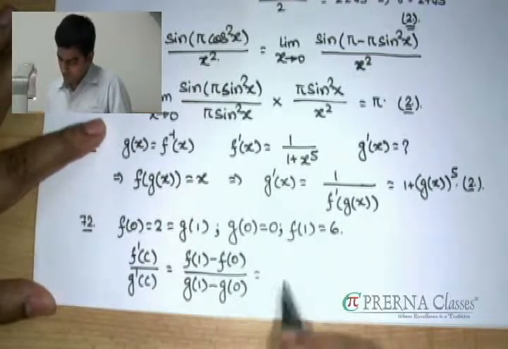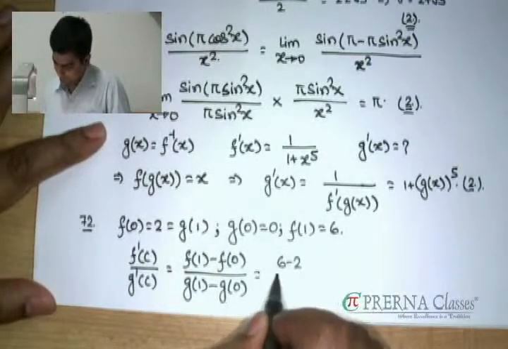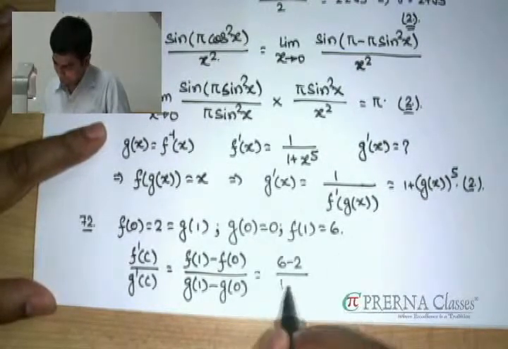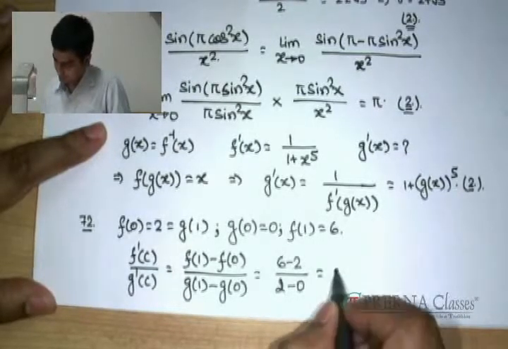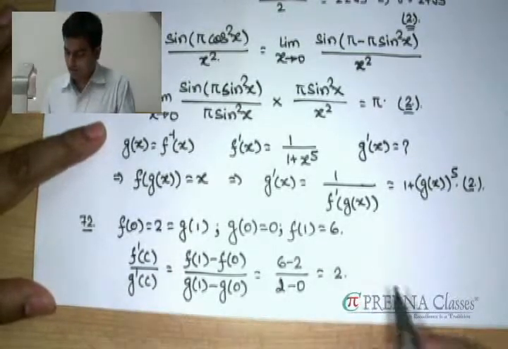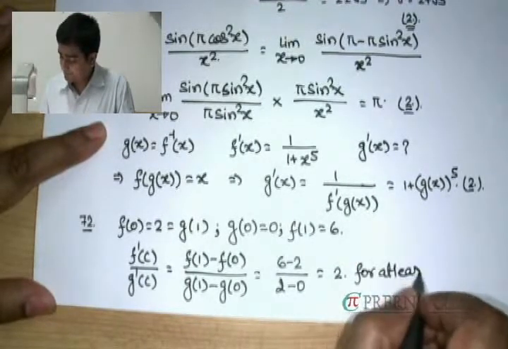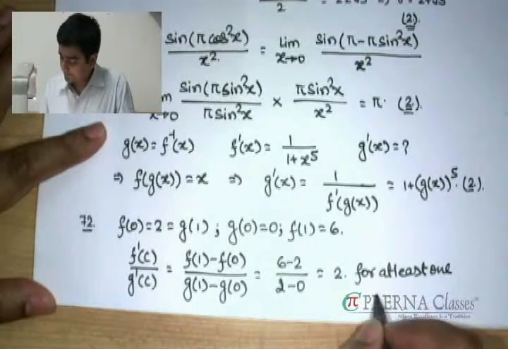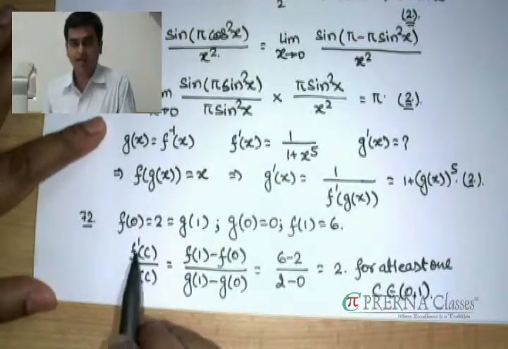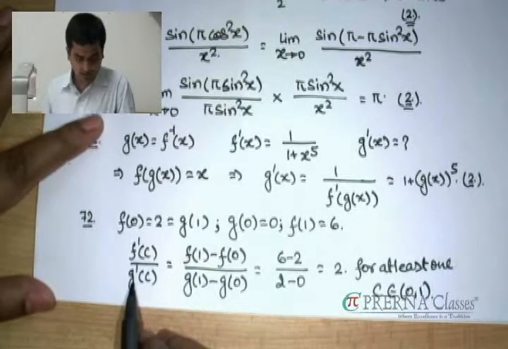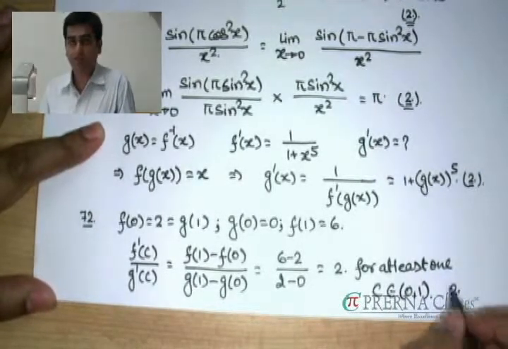If we go by these values which are given, this result turns out to be 2 for at least one c, which is lying in 0 to 1. Clearly then you can check f dash of c is twice of g dash c, which is matching with the option 2 given in that problem.